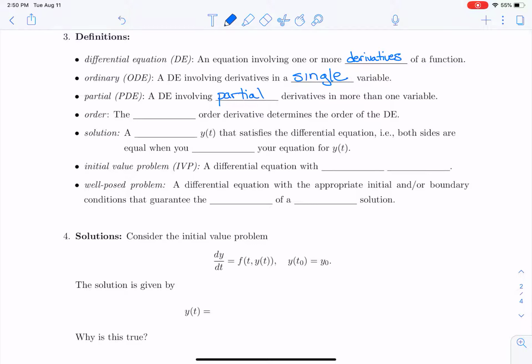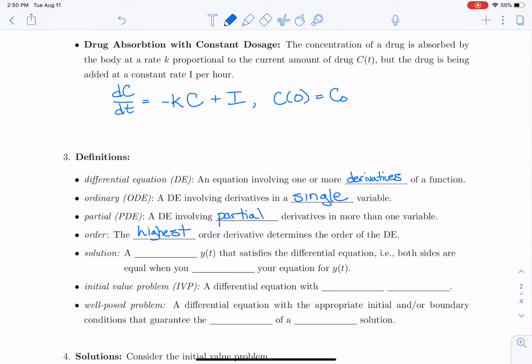Next, we have something called the order of a differential equation. The order of the differential equation is the highest order derivative. If I go back up to my example of drug absorption, I have a first derivative there, so the order of this differential equation is 1.